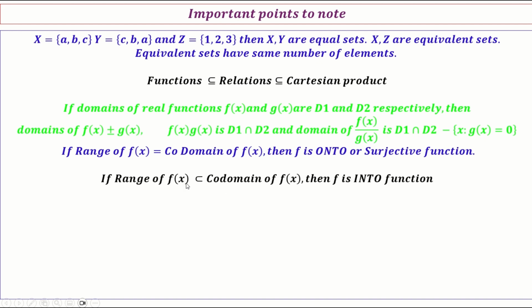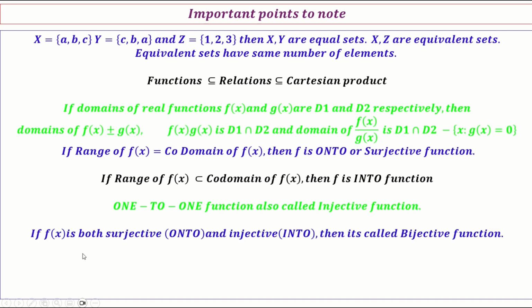If the range of f of x is a proper subset of the codomain, that is, not all elements of the codomain have a pre-image, then it's called an into function. A one-to-one function is also called an injective function. If f of x is both surjective, that is onto, and injective, then it's called a bijective function.